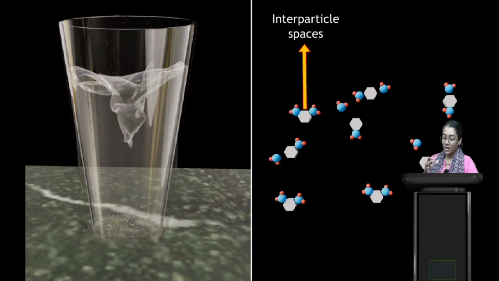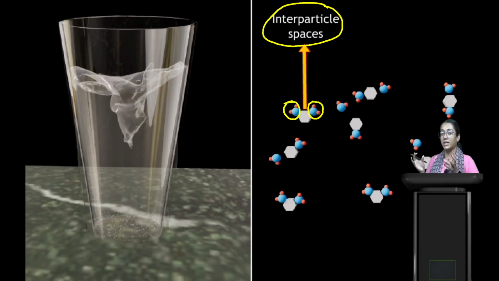The gap between two molecules of one thing, or the gap between two constituent particles, is known as interparticle space. Inter means between two. Two different things. So interparticle space means the space between two particles.